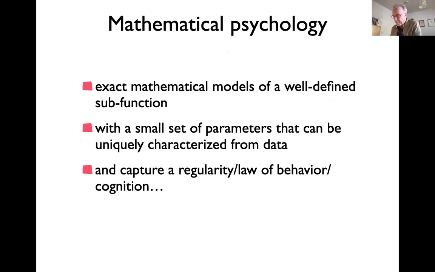It's more really that it does the data compression. That is, there are unique parameter values that you can determine to characterize the performance in one particular setting and contrast it to the performance in another setting or in another individual, and so on. It captures the regularity of the law.